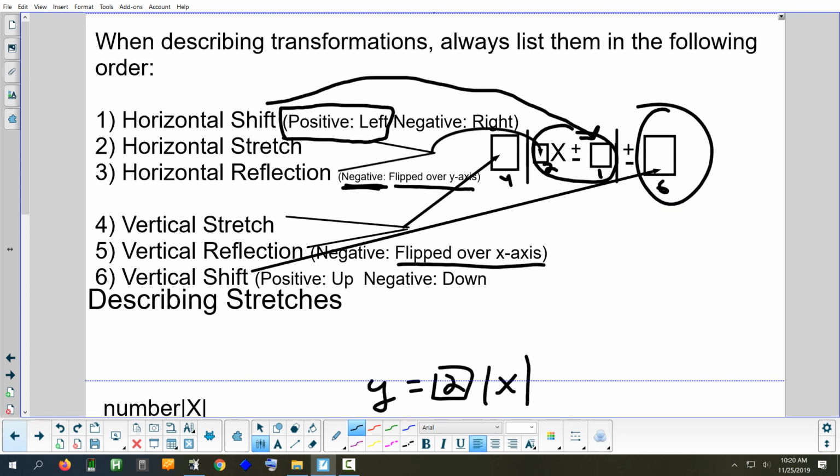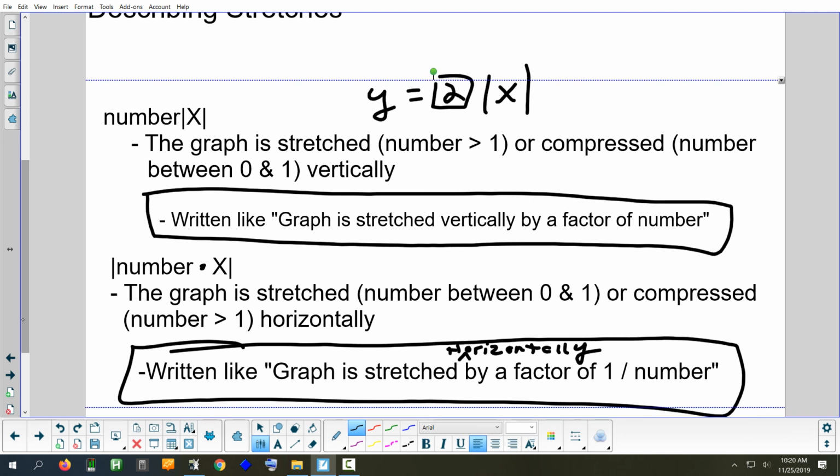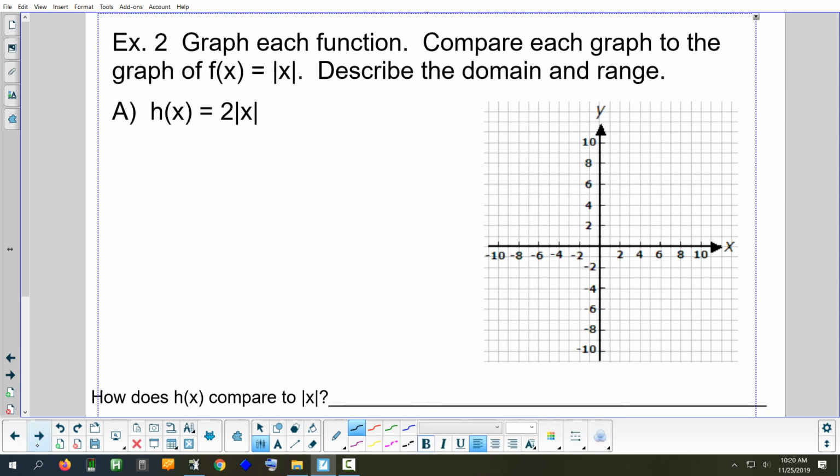Look at box 4. That's a vertical stretch. So we just learned how we're going to describe that. We're going to write this in the very end. Graph is stretched vertically by a factor of, and then we just have to write the number. So let's get that out of the way first. What's the number in front here? 2.